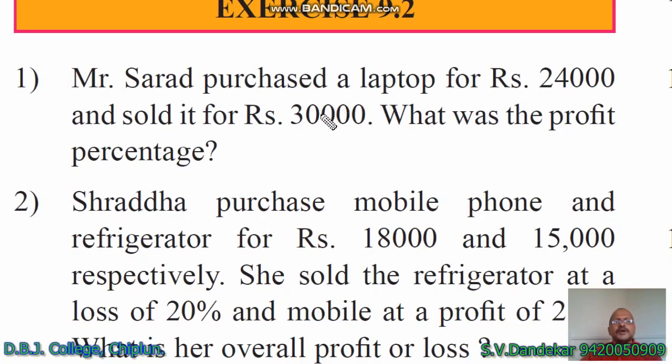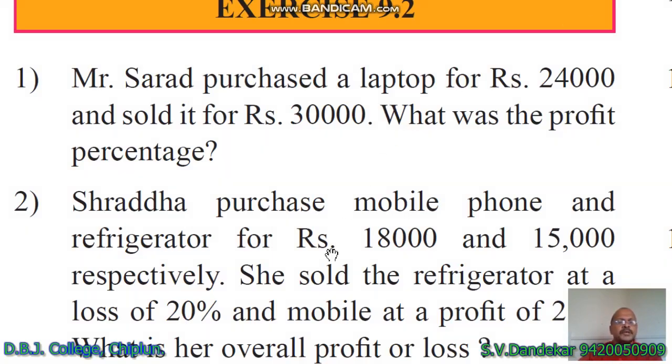So there is profit of 30,000 minus 24,000, that is 6,000, and profit percentage is 6,000 divided by 24,000 into 100. The profit percentage is 25.